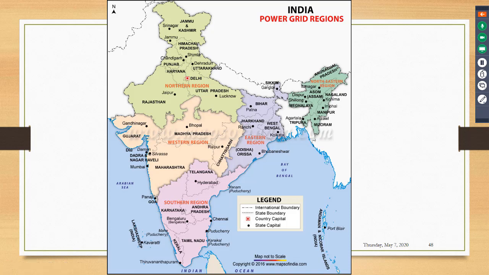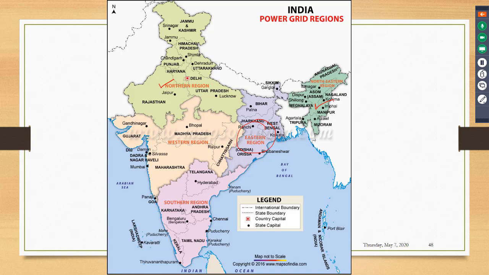In India we have 5 regional grids. If we see here, the northern regional grid has different states: Jammu Kashmir, Himachal, Punjab, Uttarakhand, Uttar Pradesh, Delhi, Rajasthan, right? And similarly we have other regional grids. We have the northeastern regional grid, which is here, and then the eastern regional grid, which is here, consisting of Bihar, West Bengal, Jharkhand and Odisha.